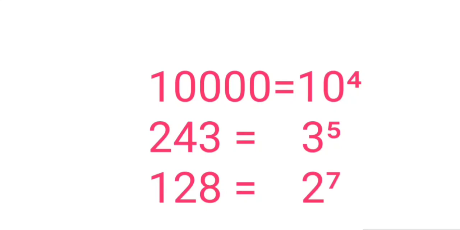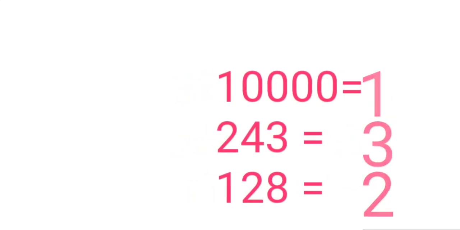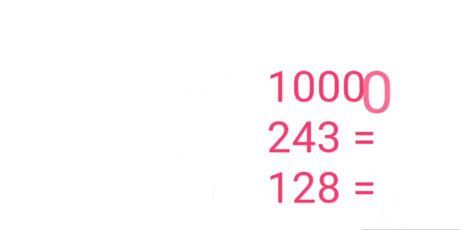So here 10, 3 and 2 are the bases, whereas 4, 5 and 7 are their respective exponents. We also say 10,000 is the fourth power of 10, 243 is the fifth power of 3.